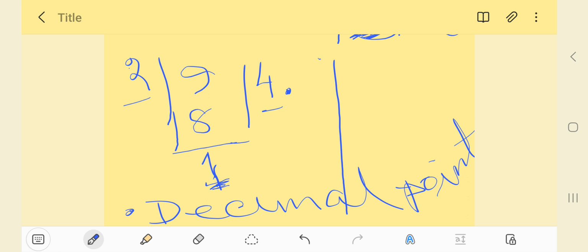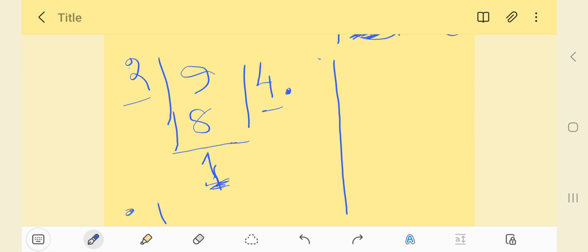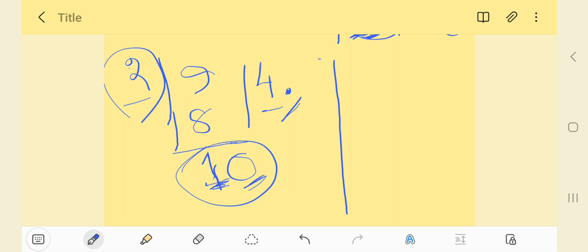This decimal point allows us to take a 0 on the right side of this 1. So this decimal point allowed us to take this 0. Now we got 10 here. The whole number is bigger than this 2 now.